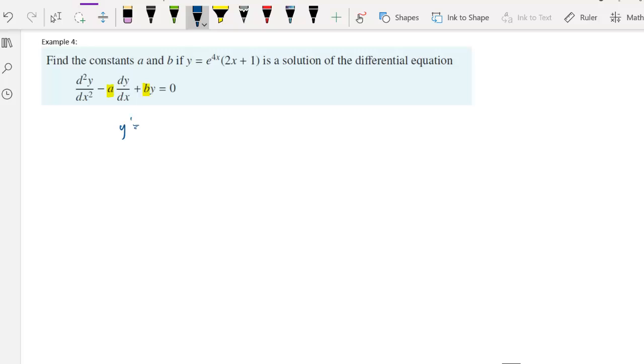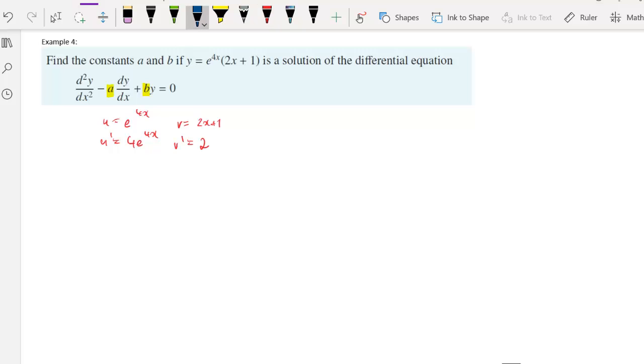So y dash, first derivative, this is going to be a product rule. So to find that, we'll first have to say that u is equal to e to the 4x, v is equal to 2x plus 1, u dash is equal to 4e to the 4x, and v dash is equal to 2.